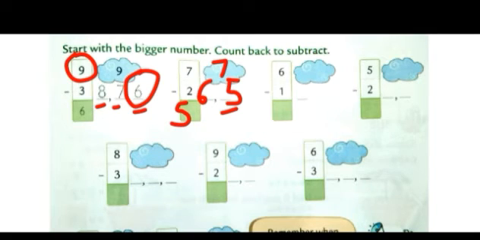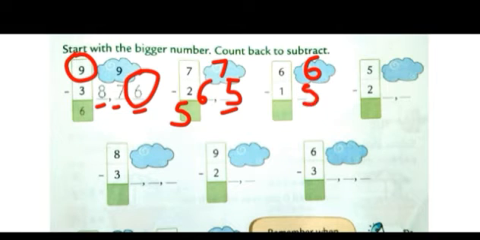Okay, scholars. Now, let's do the next one. 6 minus 1. From 6, we need to subtract 1. Okay, first tell me which is the bigger number. 6 is the bigger number. So, let's write this 6 in the given cloud. Okay, now starting from 6, we need to count back 1 number because we have to subtract only 1. So, what is the number? 5.